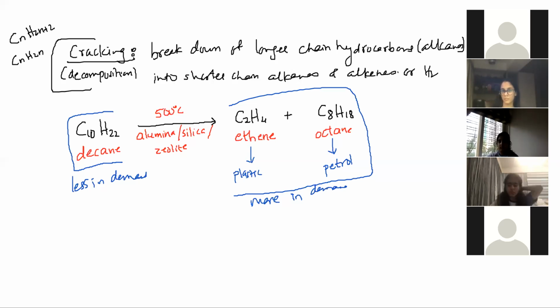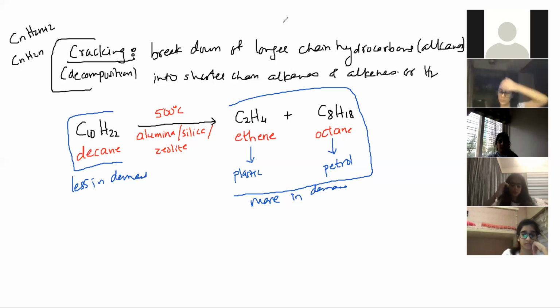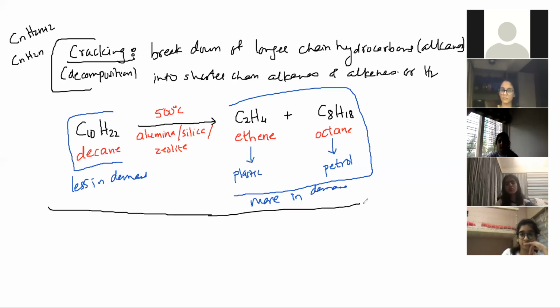Any questions here? No? Okay. One more example of cracking we will take. Like here in this example, an alkane is converted into an alkene and an alkane. In another example, I'm expecting you all to recall something after we finish.